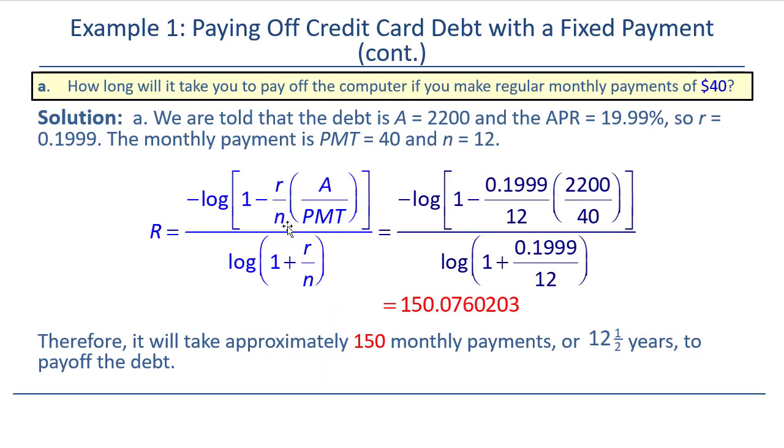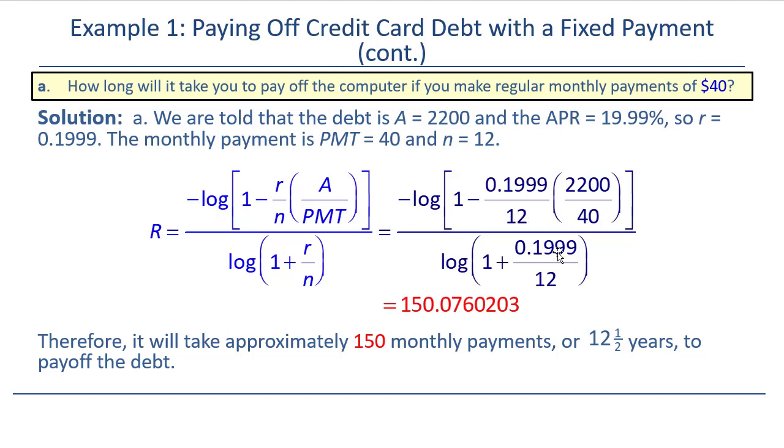Okay, so we plug everything into the formula. We've got our $40 payment. We've got our $2,200 that we borrowed. Our APR of 19.99% is 0.1999. Our N is 12 because we're making monthly payments.